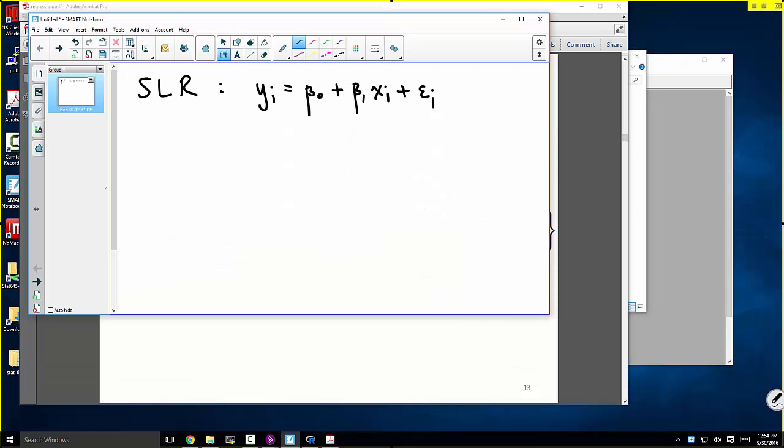So if our model holds, our model would say that these epsilons are independent and identically distributed from a normal distribution with mean 0 and variance sigma squared.